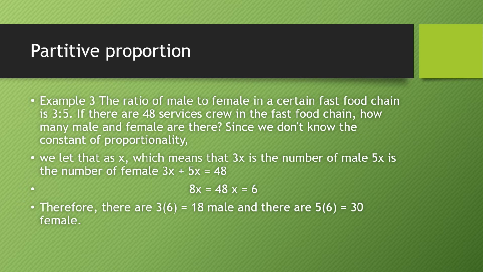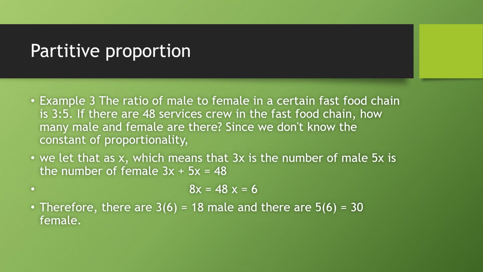So, the first method, itong example na to, kung ang ratio daw ay 3:5, so that would mean we have 3x, x represents the number of male, plus 5x represents the number of female, is equivalent to 48. Now, 3x plus 5x is equivalent to 8x is equal to 48.